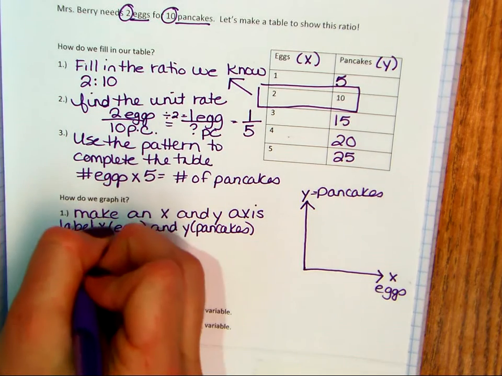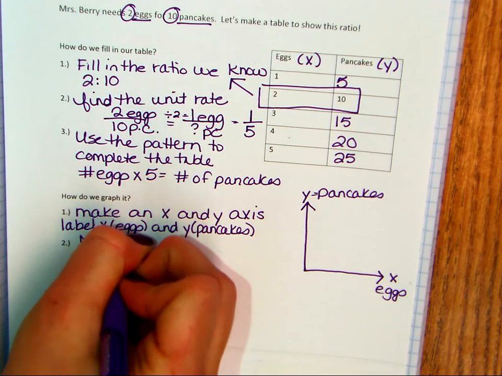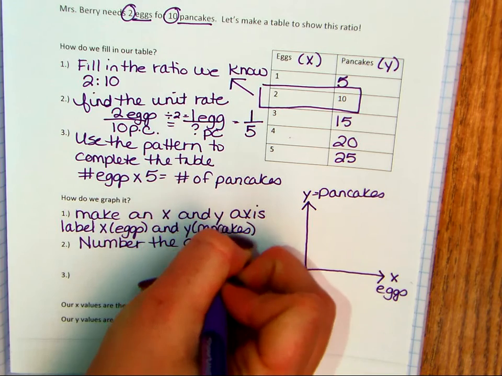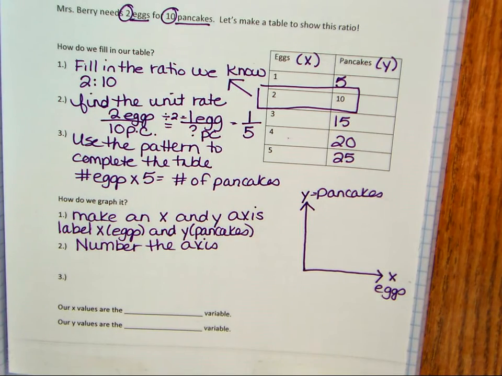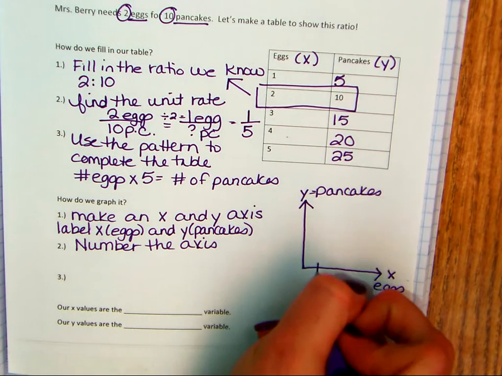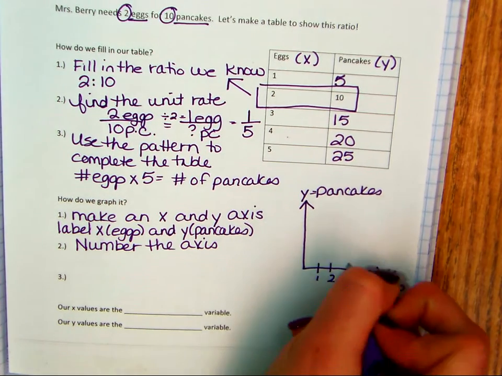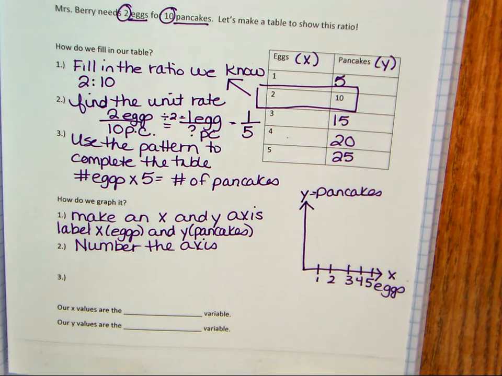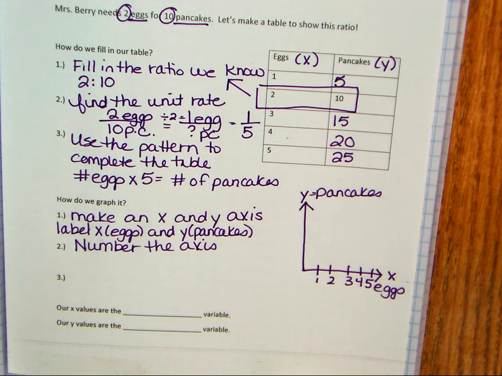The next thing we're going to do is number our axes. Now, here's where it gets interesting. The first one with eggs, I'm just going to do 1, 2, 3, 4, 5. But if you look at the pancakes, we're actually counting by 5s. 5, 10, 15, 20.